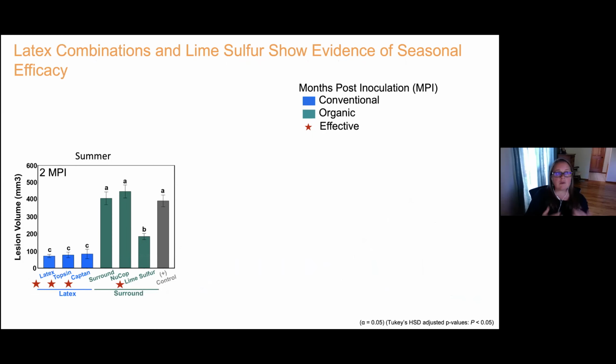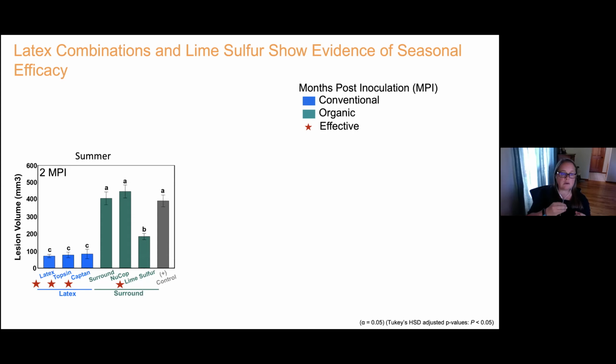And then we also wanted to use these chemicals, but amended with different latex and lime sulfur combinations. So basically we did the same study, but we amended, so this is latex alone, this is Topsin with latex, and this is Captan with latex. And then we also used Surround, which is basically a calcined clay.